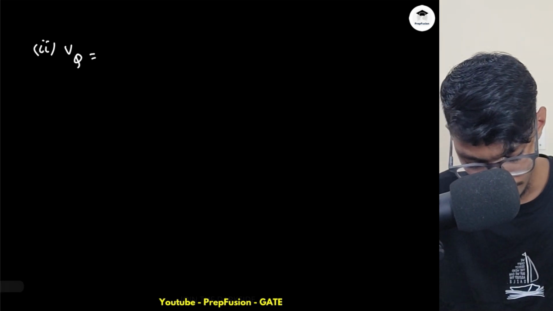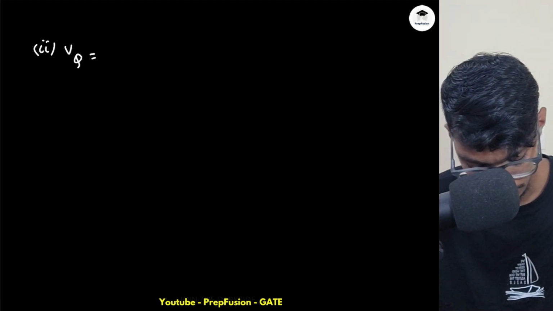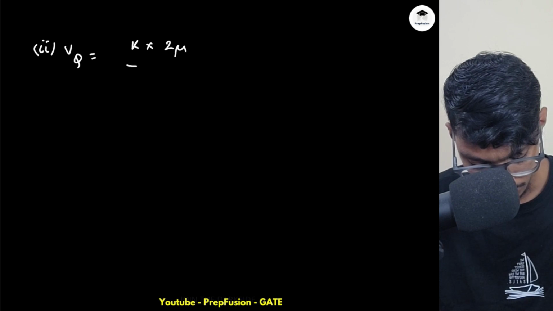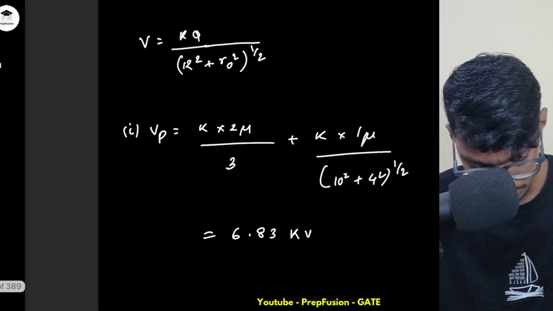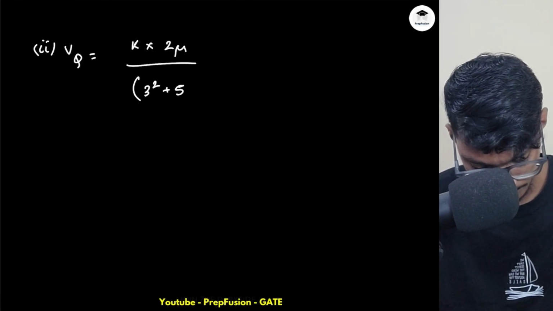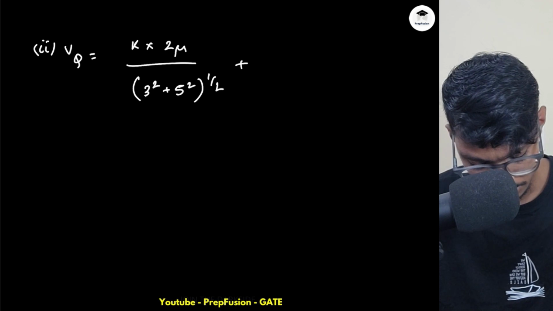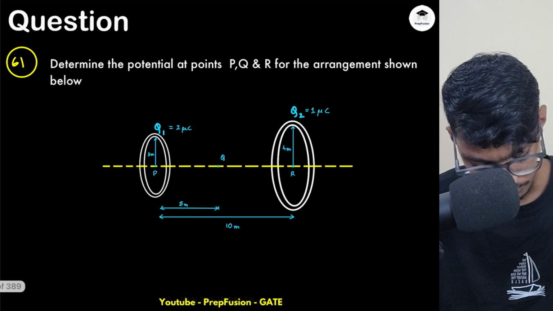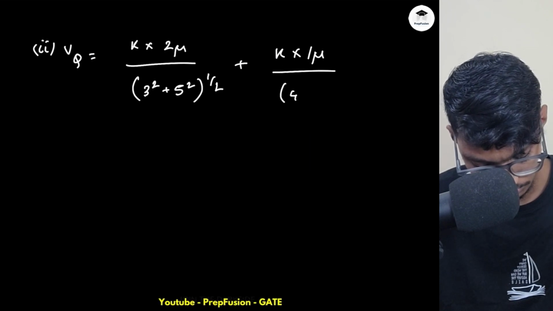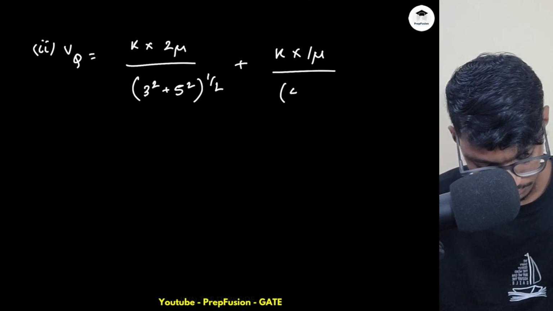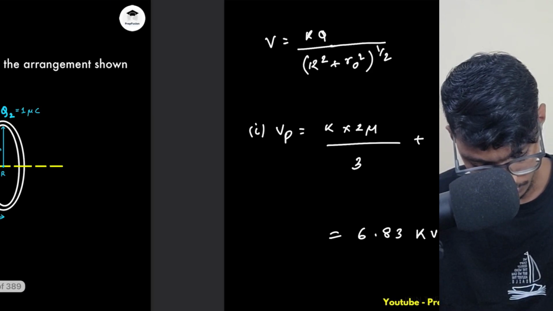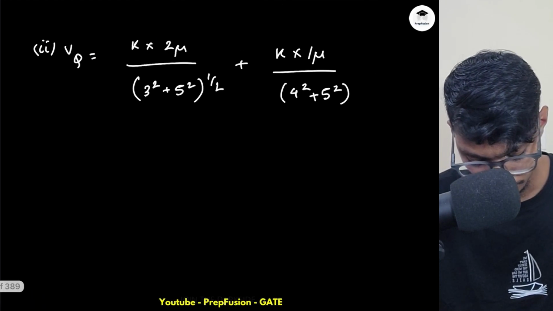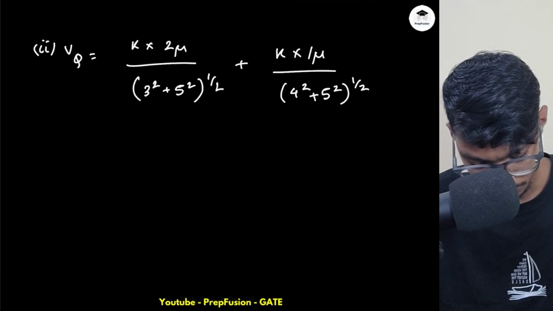K will be common, K into 2 micro divided by the distance, under root of 3 square plus 5 square, plus K into 1 micro divided by under root of 4 square plus 5 square. This distance is also 5, whole under root.